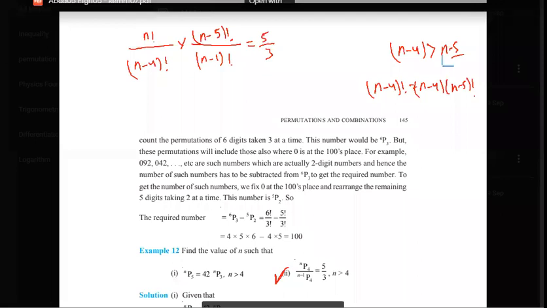So I can write n factorial is equal to n into (n minus 1) factorial. You have to understand which is bigger, which is smaller.